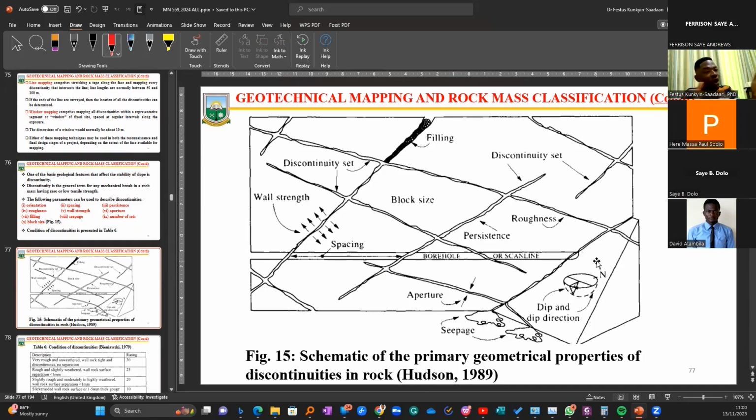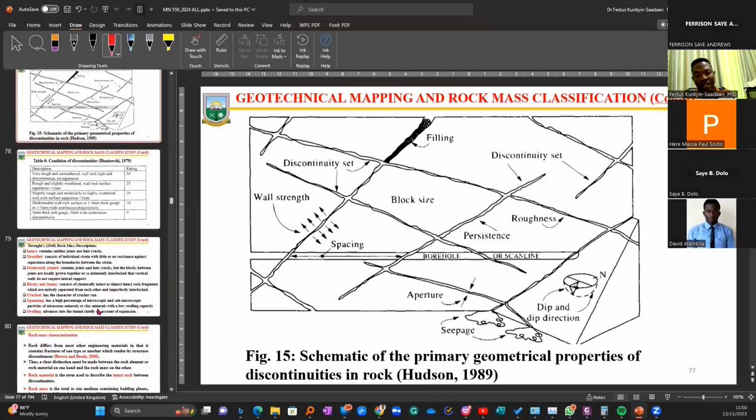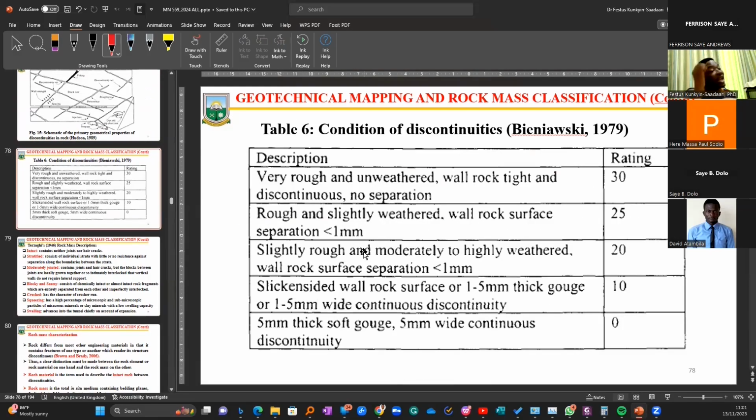We can see the wall strength or the width of the broken walls to measure the spacing that exists between them. All of these are things we can see when we go for these types of mapping. So someone decided to come up with an approach which we shall get to very soon.